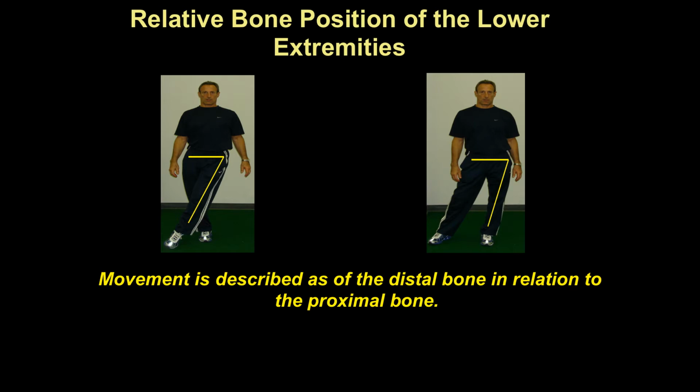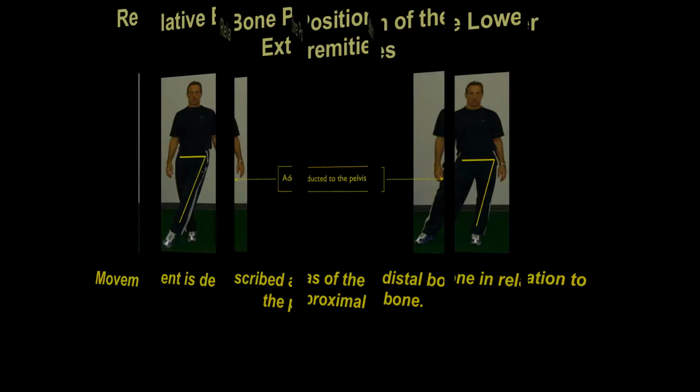The right picture has the left foot on the ground, yet the femur is still adducted to the ilium. Think of distal bone, the femur, in relation to the proximal bone, the ilium. In both pictures, the femur is adducted to the hip and the pelvis.